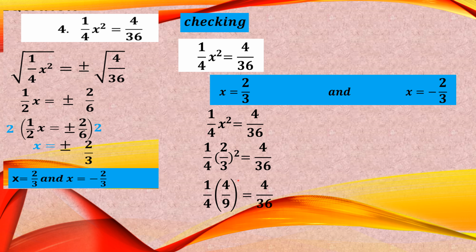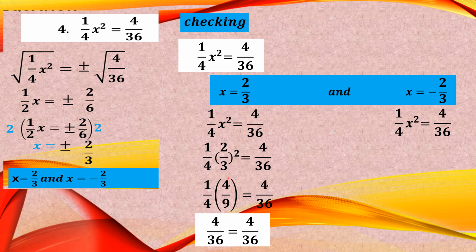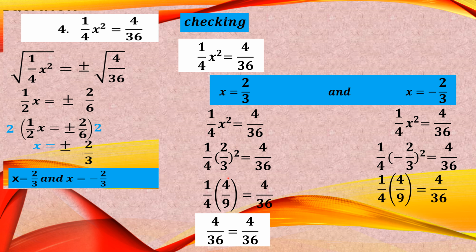What is 1/4 times 4 over 9? 1 times 4 is 4, and 4 times 9 is 36. So 4 over 36. So they are equal. Same thing with the negative 2/3. Remember that if a negative number is raised to an even exponent, the answer will always be positive. So therefore, 4 over 36 is equal to 4 over 36.